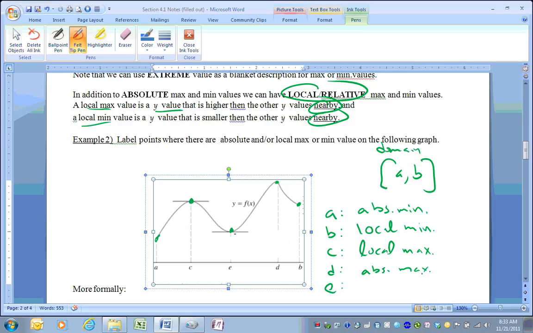And once we start doing this analytically, like once we start taking derivatives and stuff like that, it'll make more sense why they're max or mins. And E would be local min. E is a bottoming out point, so that'll be a local min.